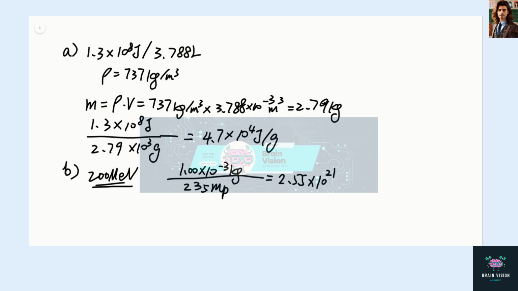So we can again do the unit conversion: 200 MeV of energy times the conversion factor from MeV to joule, 1.6 times 10 to the negative 13, and then times 2.55 times 10 to the 21 nuclei.